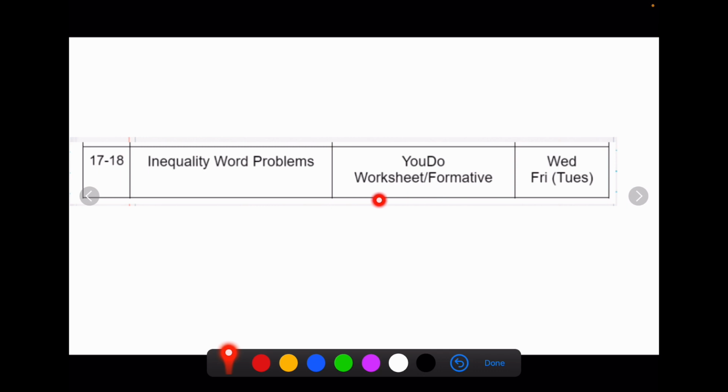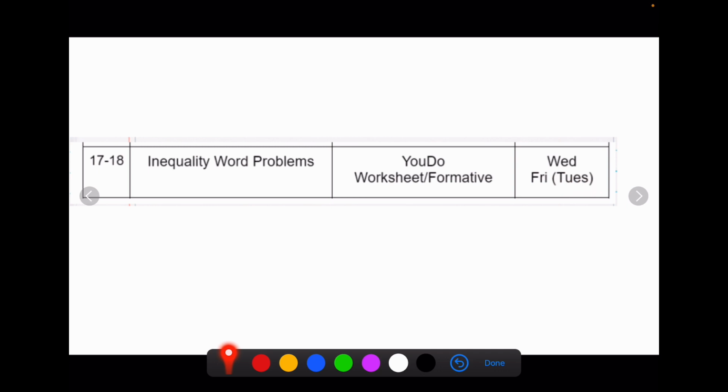You will have a worksheet. Depending on time, you might receive that worksheet tomorrow, Wednesday, and then you'll have a work day to work on that on Thursday. So it'll be due on Friday. And for extended time, it'll be due on the following Tuesday.